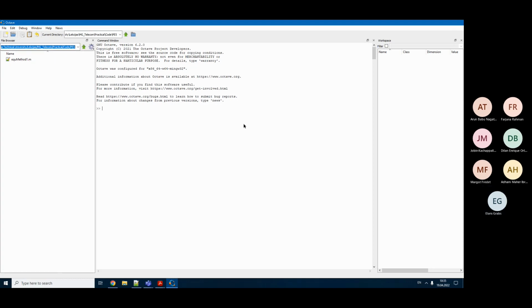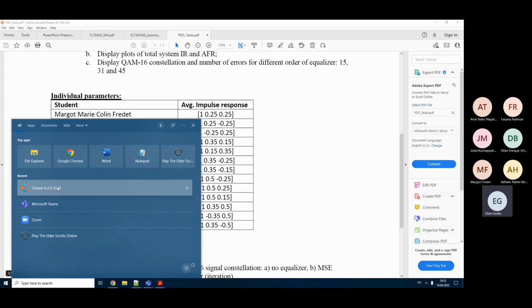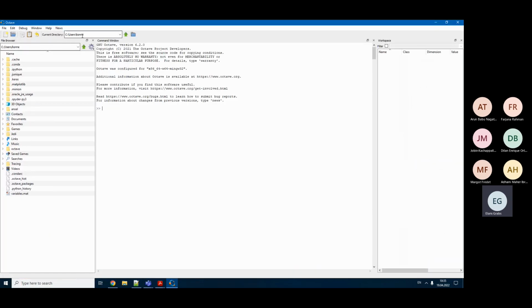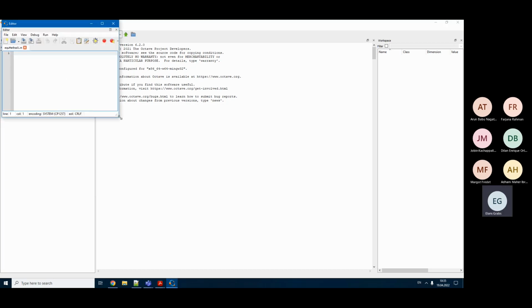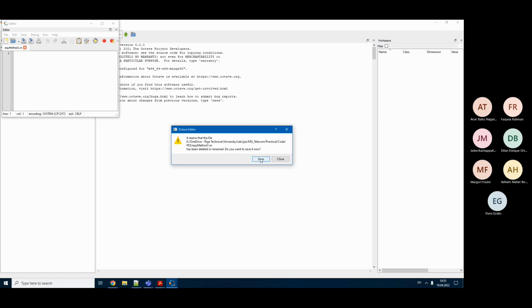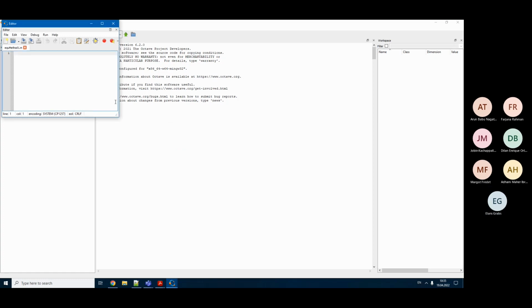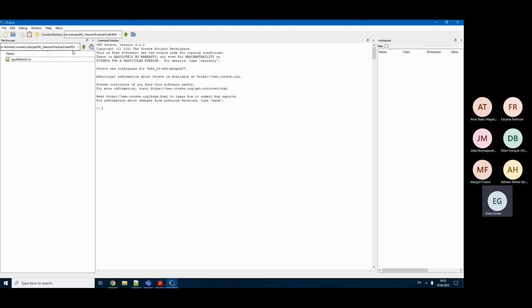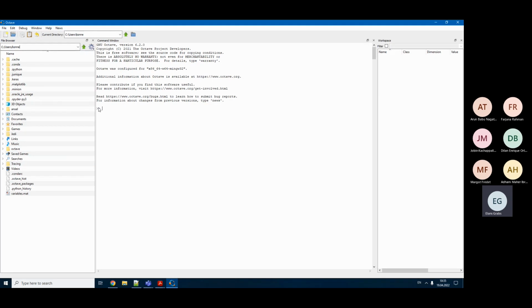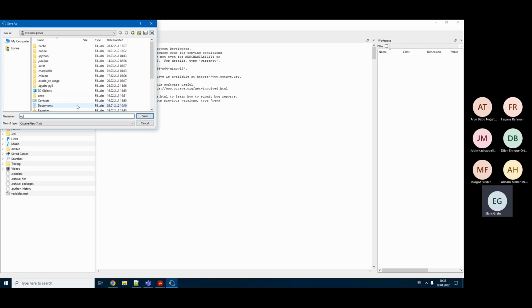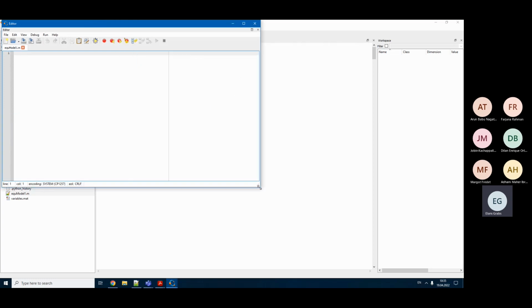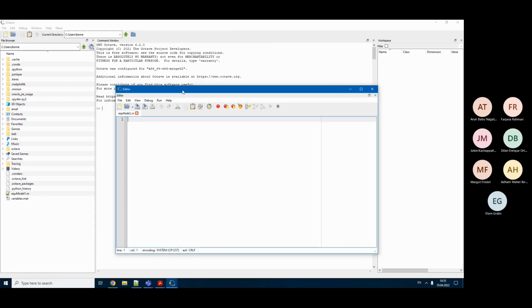Something is not looking good. So I'm going to go at once to that directory. Okay, I'm going to save in some other place, not in the cloud. So this is going to be EQ method 1. Some problem I don't want to spend time right now on trying to solve.